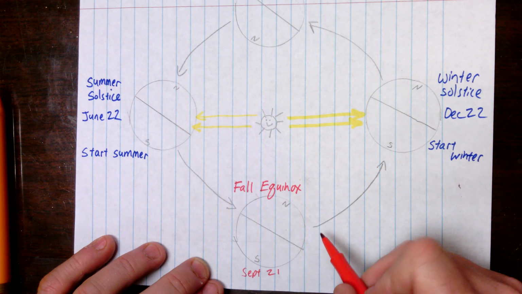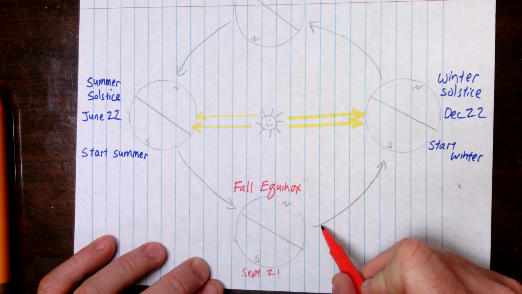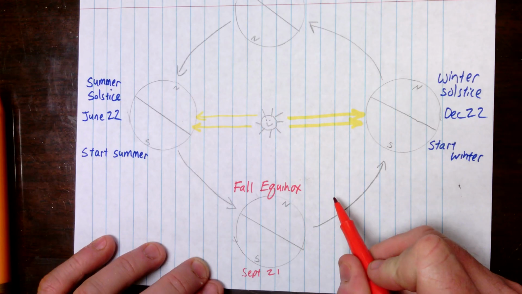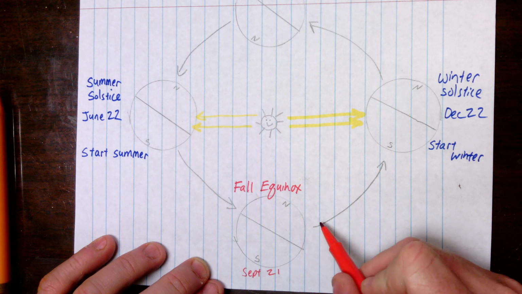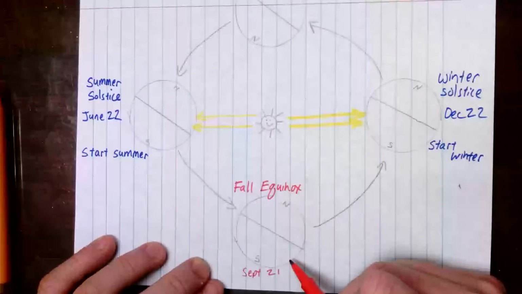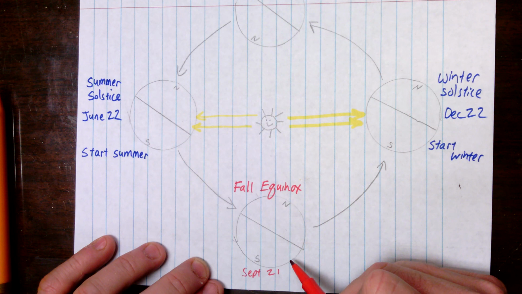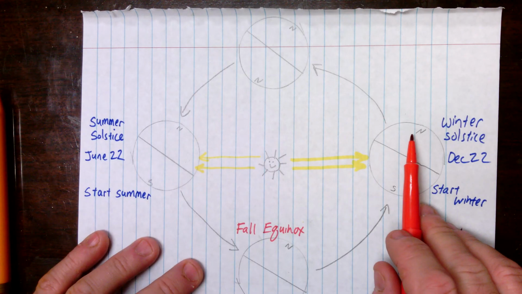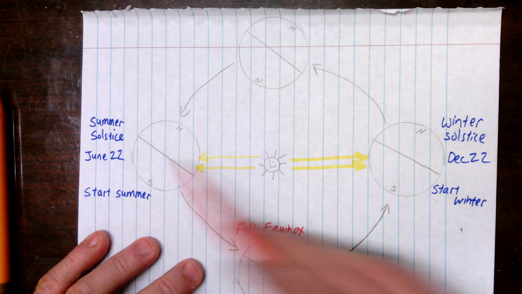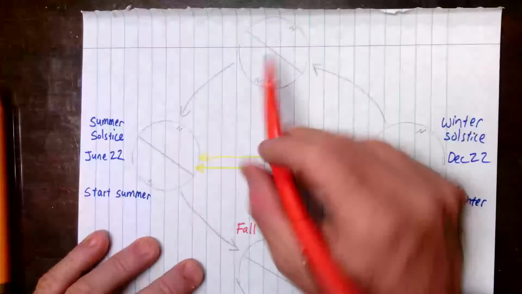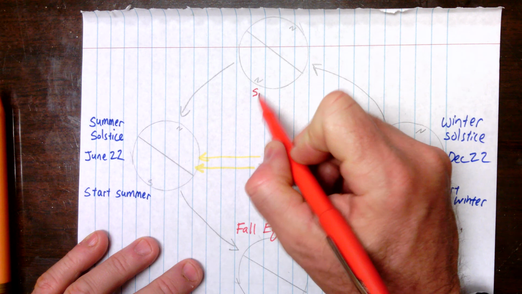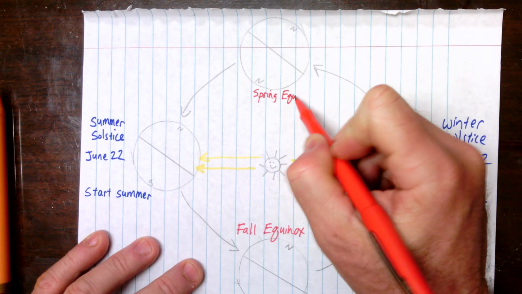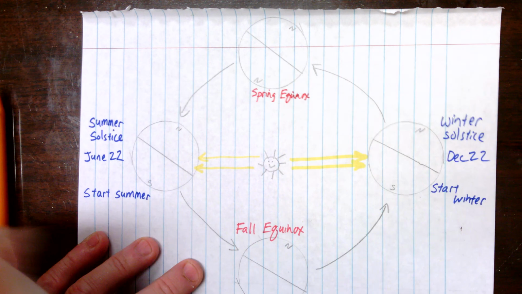Now, the very next day, when the Earth is over here, we're tilted a little bit more away from the sun than the south. We're in fall. They're in the opposite, spring. So when do we do spring? Well, if this is winter and this is summer, and we're moving this way, this here is called the spring equinox.